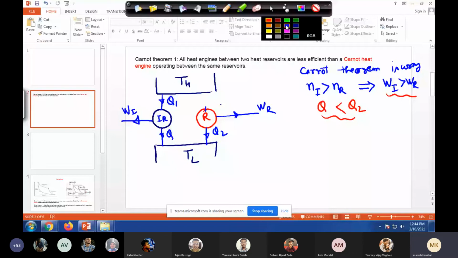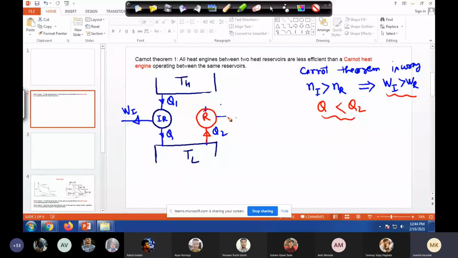So now let's revert it. Now Q2 will be taken from here, right? From the low temperature source. How can we do it, Nidhi? If we are trying to transfer heat from low temperature, what do we have to do according to Clausius? Provide work.